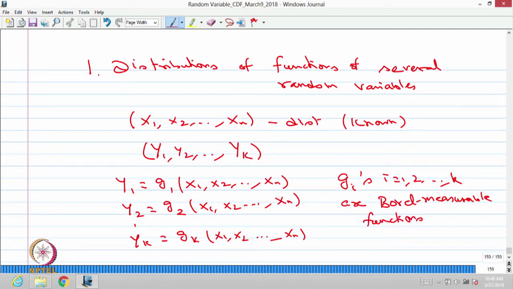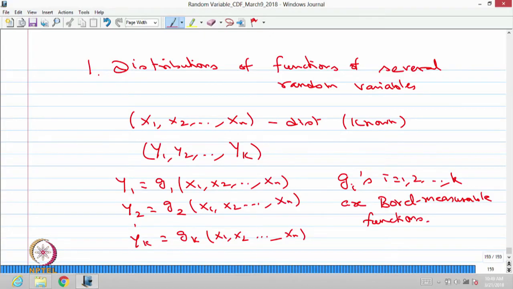The same thing what we have done in the one-dimensional random variable. When x is a random variable and g is a Borel measurable function, then y is equal to g of x is also going to be a random variable. The same concept we are using for several random variables.